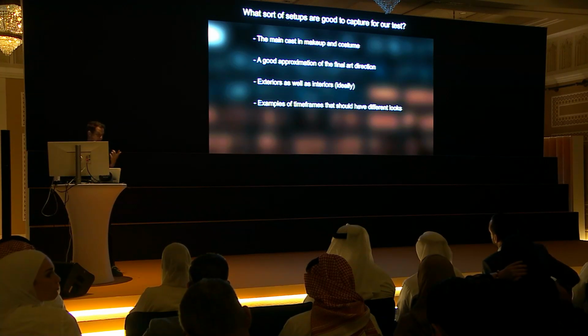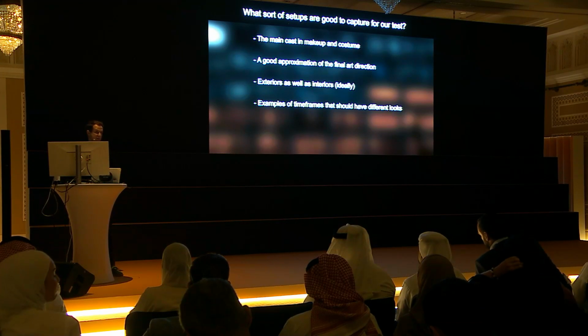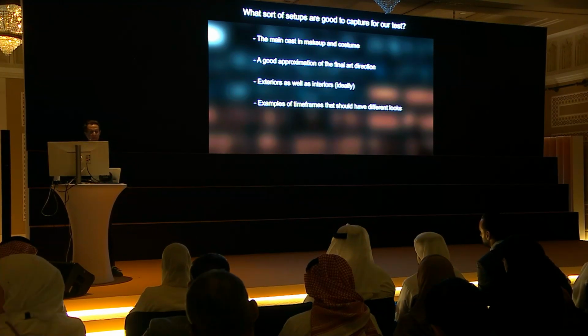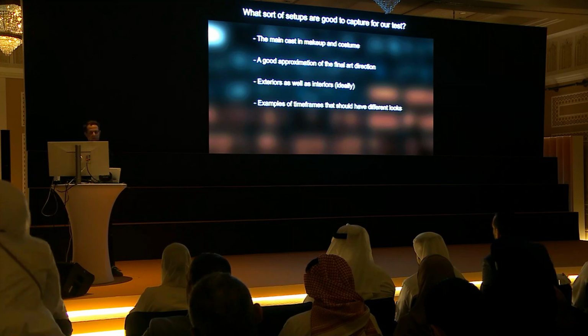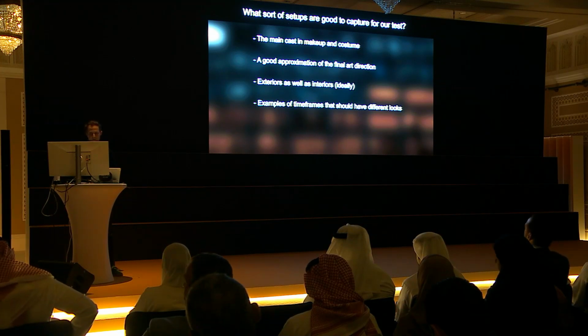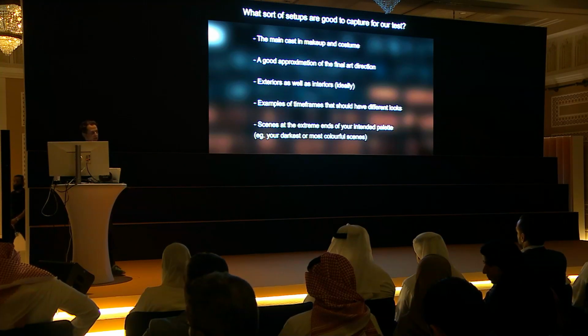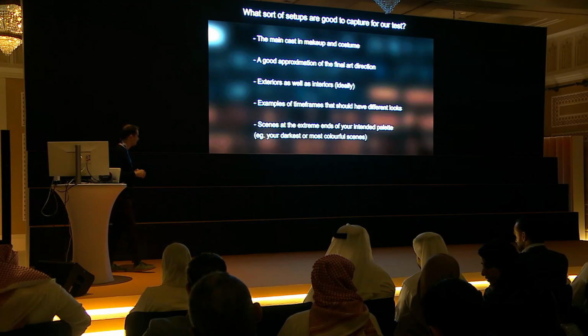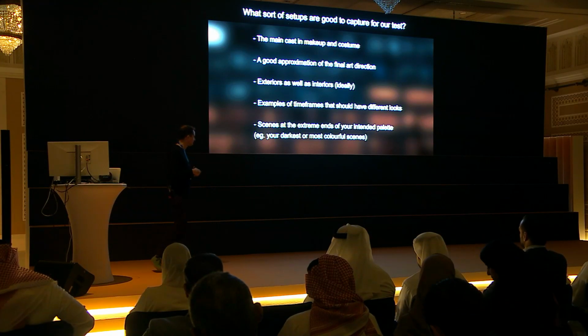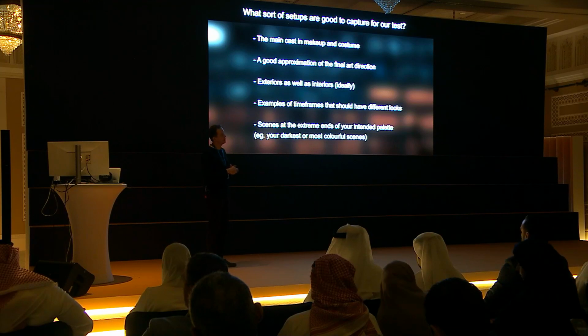And then you have examples of different time frames, like you saw in The Queen's Gambit. So the past versus the present and so on are often given different looks. And then the last one is really, I would say, scenes at the extreme ends of the palette. So for example, they open a magic box, it should be very magical, or it's a dragon, should be very fiery, or it's a plane crash.